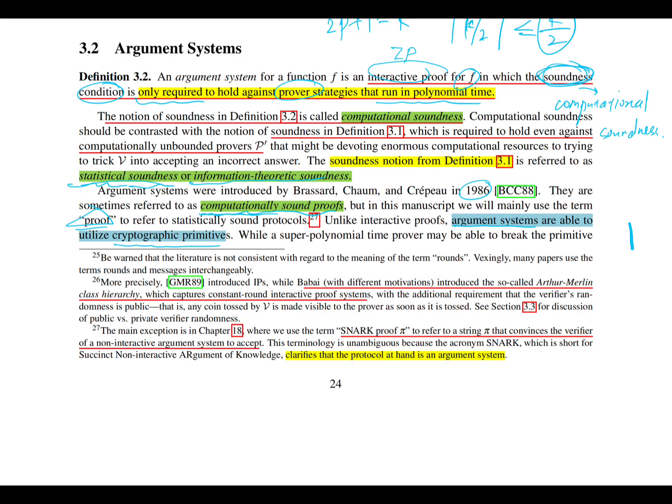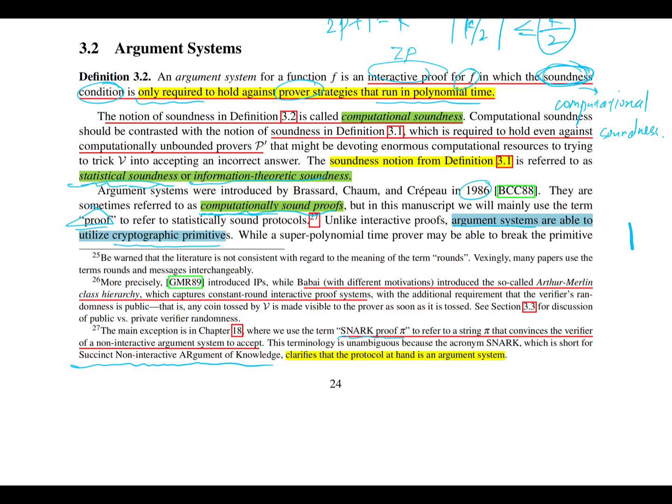Finally, let's look at the explanation of the main exception, the SNARK. SNARK is the succinct non-interactive argument of knowledge. I think most of you have heard about SNARK.